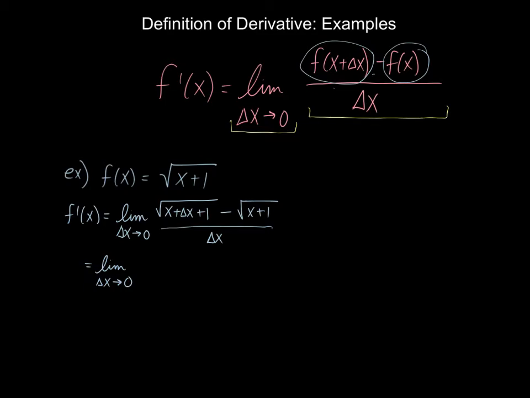In a square root, if you remember from some of our limit taking discussions, a lot of the times when you need to simplify a limit that involves a square root like this, you want to use the conjugate. We want to multiply the top and the bottom by the square root of x plus delta x plus 1 plus the square root of x plus 1.